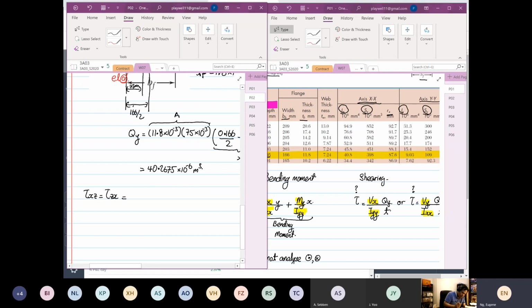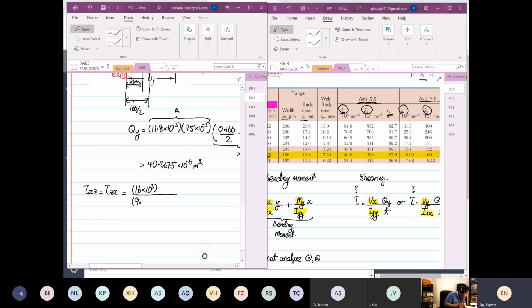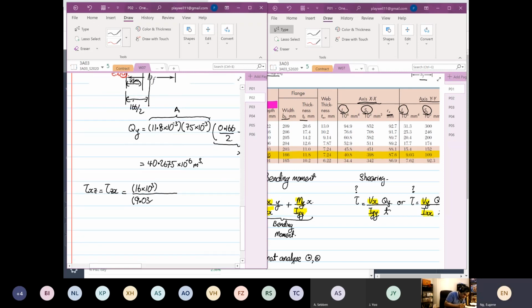So this will be equal to V. The V is 16 times 10 to the power 3 divided by I. V and I are always constants regardless of the position that you're interested in. Still the same rules. Q changes.